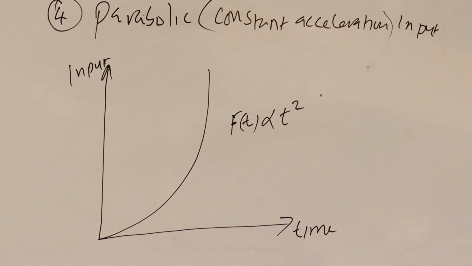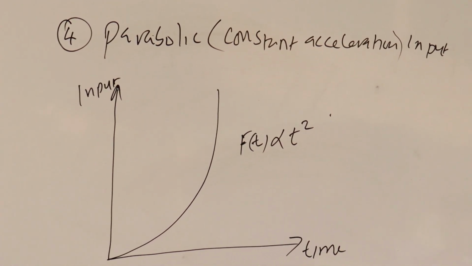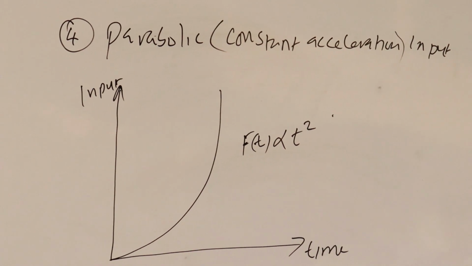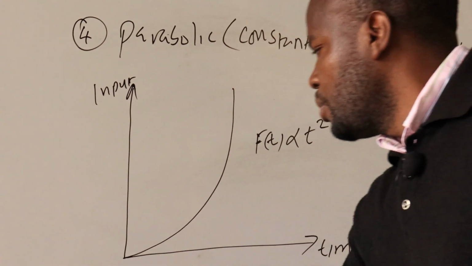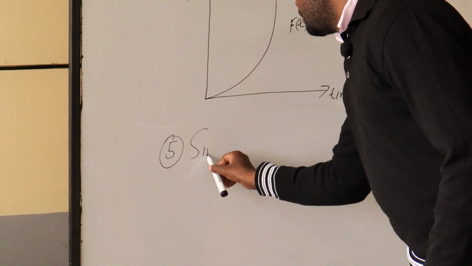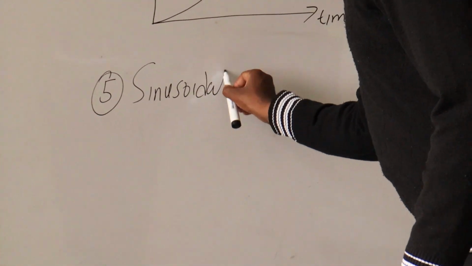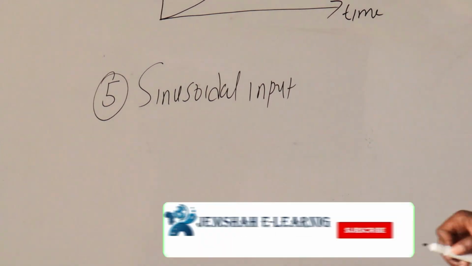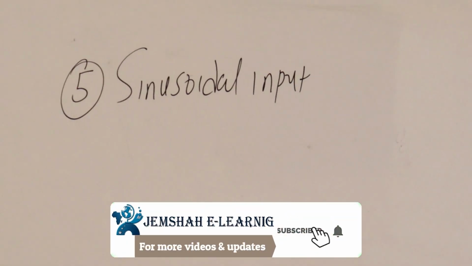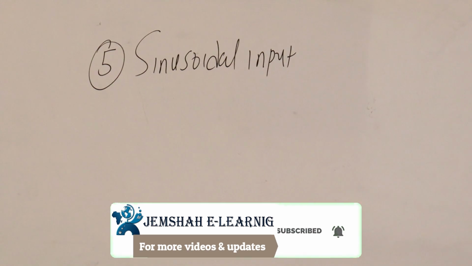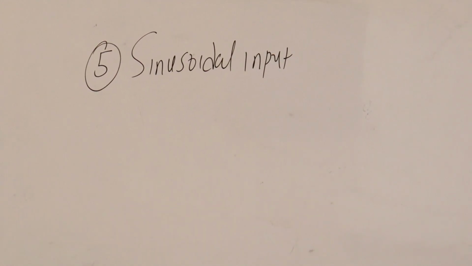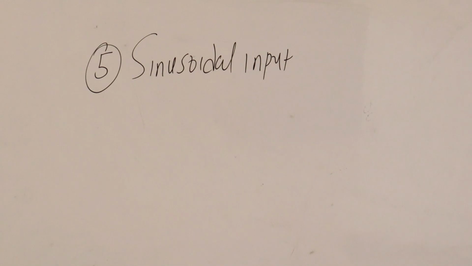The last standard input that we are going to look at is what we refer to as the sinusoidal input. When you talk about sinusoidal input, we are talking about an input control that is subjected to sinusoidally varying signals of oscillations. These are the oscillations of the shaft, and they happen at constant frequency and magnitude.